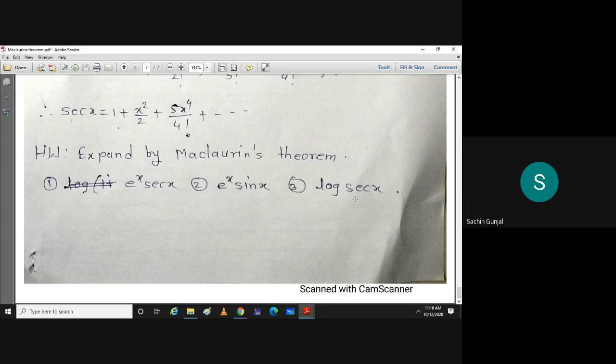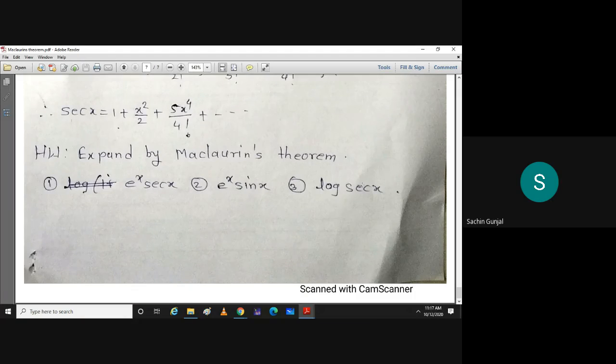Of course, taking the derivative is one way. Sir, after taking the derivative, we'll be left with only tan x, so then we can write the series. Acha, you mean take the first derivative of log of sec x. Yes, sir, it is 1 upon sec x times its derivative. Okay, that will be a simpler way in that case.